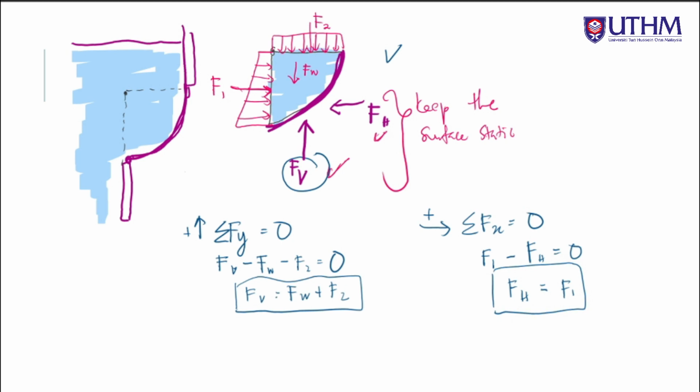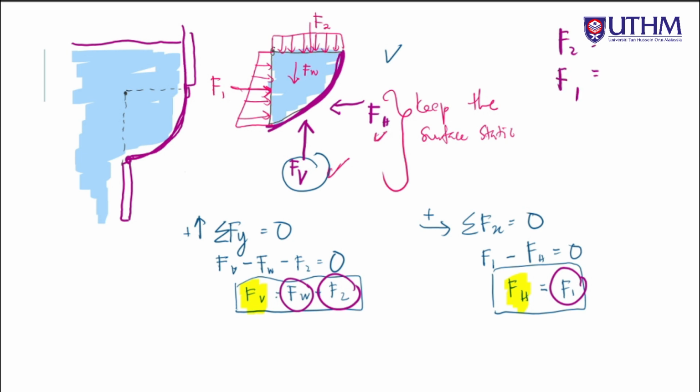Alright. So kalau dari sini, kita boleh dapat the value of FV dengan FH. Tapi in order for us to calculate the value for vertical force and horizontal force, kita kena dapatkan value of FW, F2 and F1. How to get this value?